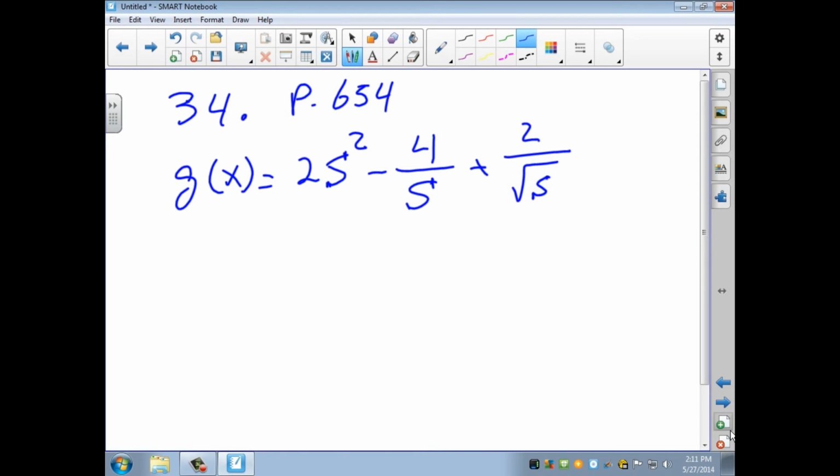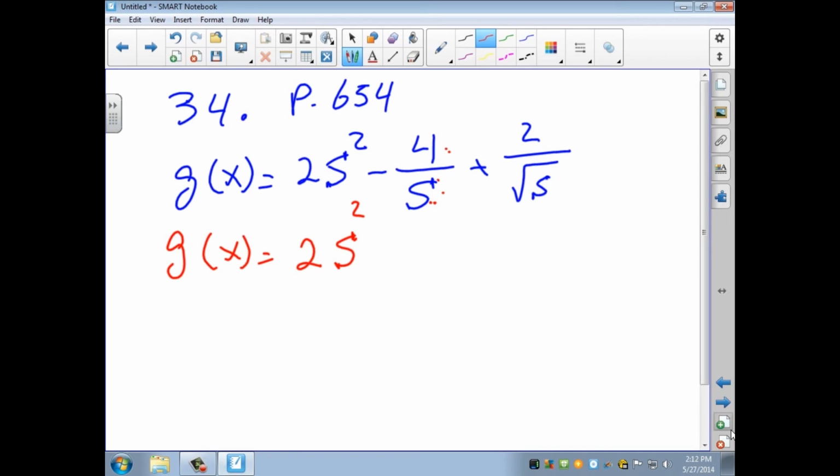Okay, now this looks a little bit different, but we can still do this. I'm going to rewrite this function a little bit differently. So g of x, the 2s squared, I'm going to keep it. In the second part, 4 divided by s, if I bring the s up from the denominator and put it next to the 4, I have to make the power negative.